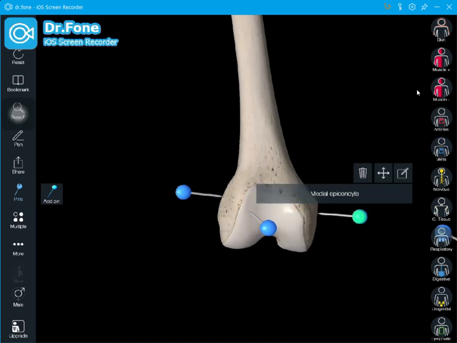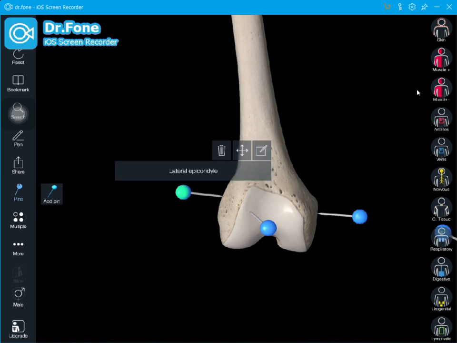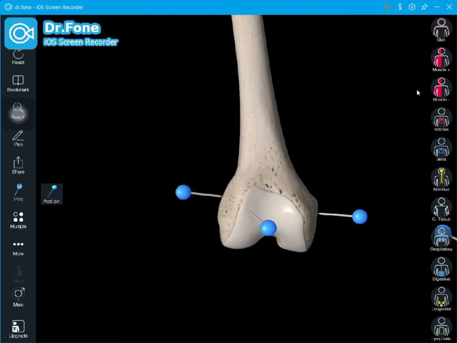Very similar to our humerus, we have a medial epicondyle and a lateral epicondyle, which allow us to move, different from lifting weights, our leg or shins up and down.